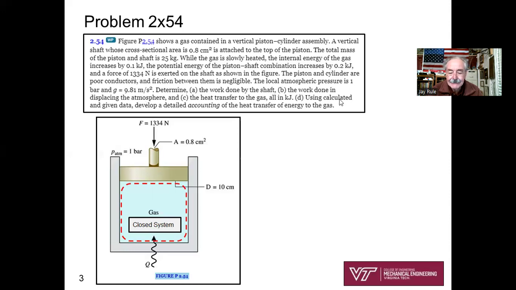And then D, it says, using the calculated and given data, develop a detailed accounting of the heat transfer of energy to the gas. And so that's going to be much more of just a summary of all of the numbers that you have gotten in solving the problem. That'll be the accounting and adding up. Do all the numbers add up?